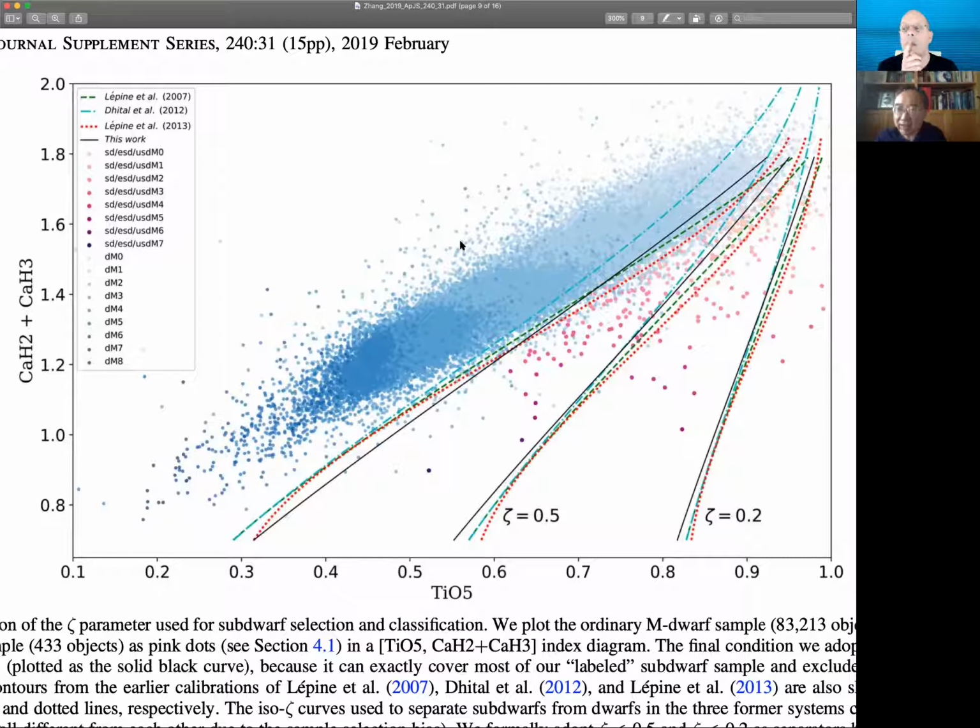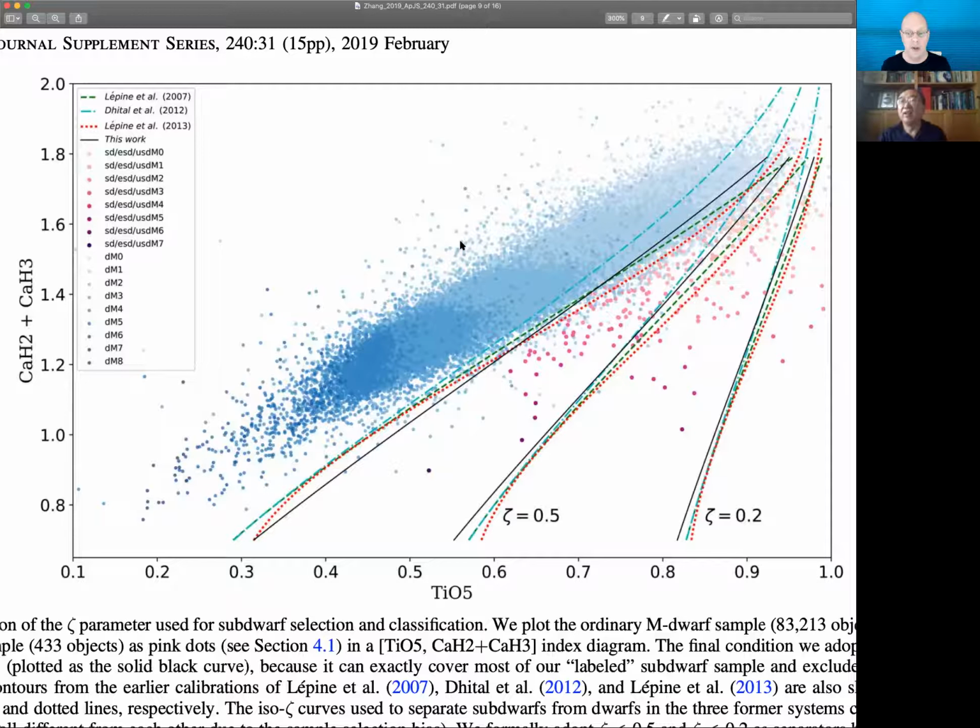So in the following paper, we checked the kinematics and also the metallicities. The metallicity defined in paper 1 just uses the zeta metallicity index, not real metallicity.